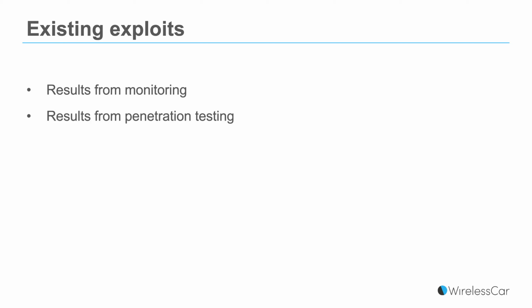I also wanted to include results from penetration testing. When you're doing a penetration testing or a simulated attack, so to say, make sure that you ask them to include what they tested. That's a perfectly fine thing to do and ask for.